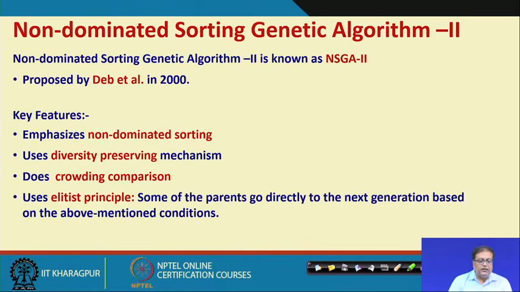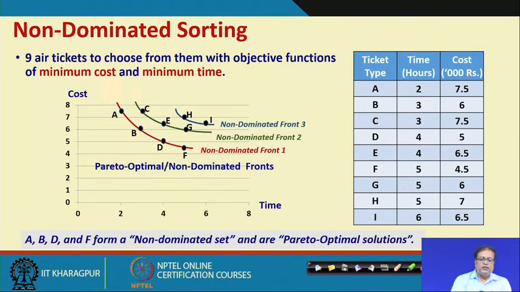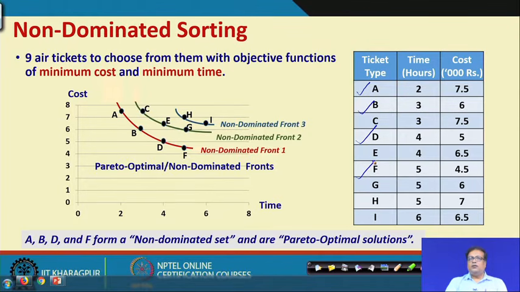So, what is non-dominated sorting? A very interesting example is one we have already seen: choosing air tickets with minimum cost and minimum time. We had those options, and from those options of time and cost, we have seen earlier that A, then B, then D and F together form the Pareto front.